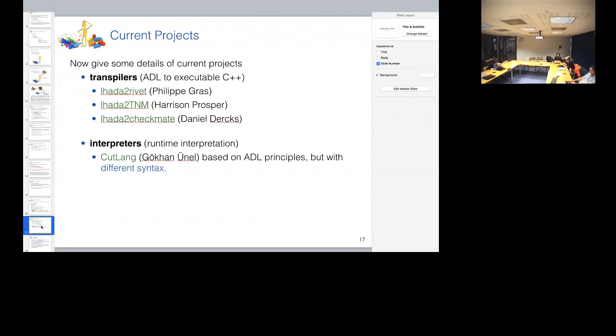And then there are the interpreters, of which right now there is only one, and that was actually the first proof of principle that this whole thing really works, this so-called runtime interpretation by Gherkin. And in fact, Kotlin is based upon the principles that were subsequently converged upon at these various workshops, but the syntax is somewhat different. That's because this actually preceded any of this subsequent work.